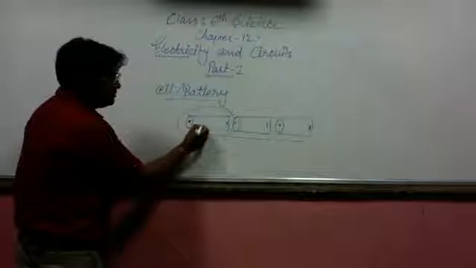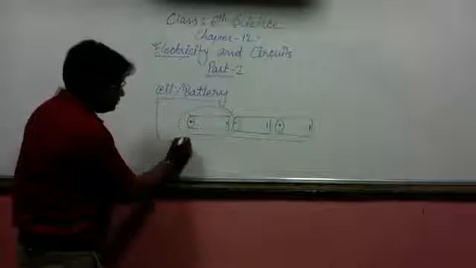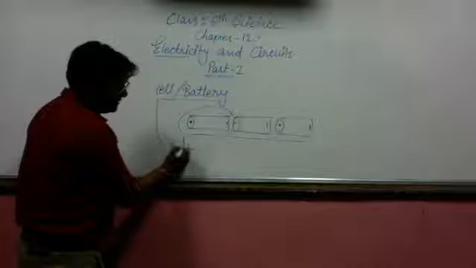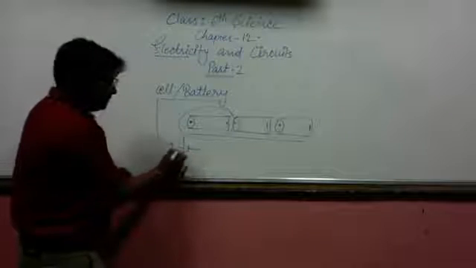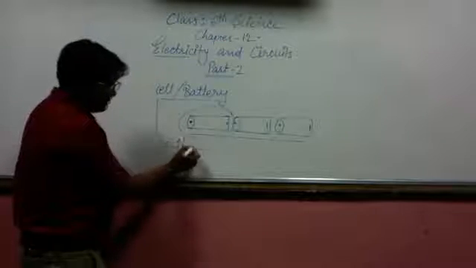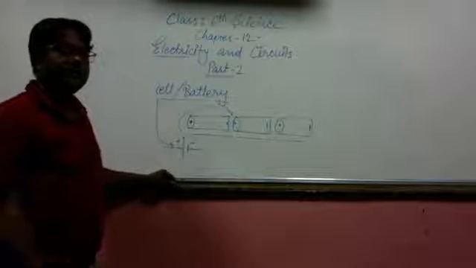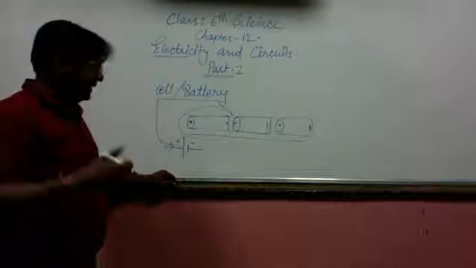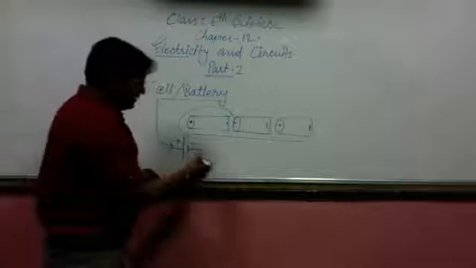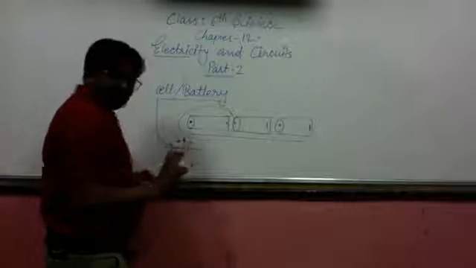The symbol for a cell is a big line and a small line. The bigger line shows the positive terminal of the cell, and the smaller, shorter line shows the negative terminal of the cell. This has only one cell.